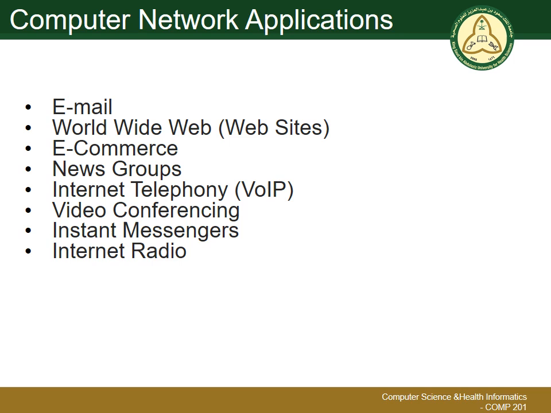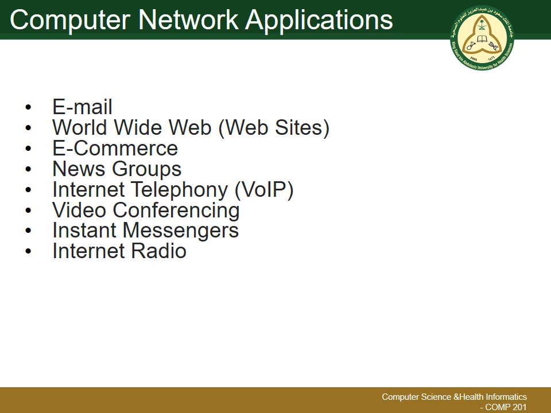Applications that you can see on a network, computer network applications. You can see email applications that allow you to send and receive emails, access the World Wide Web, applications like the internet. I can buy and sell products.